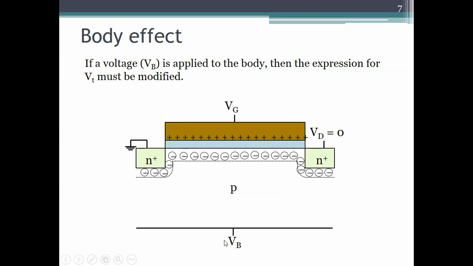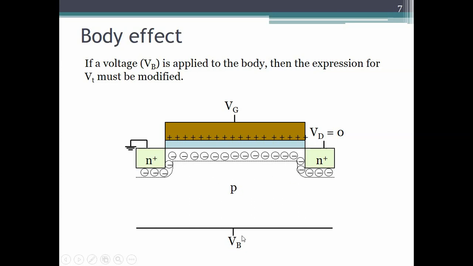Physically and qualitatively, think about this. If the body voltage is negative, incidentally, one generally will not apply a positive body voltage to an NMOS transistor because that is p-type, and if this is positive, then these two PN junctions will become forward biased and a large current will flow in the body, which we don't want.